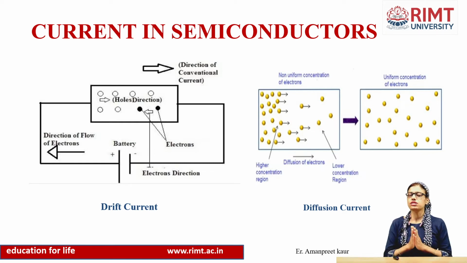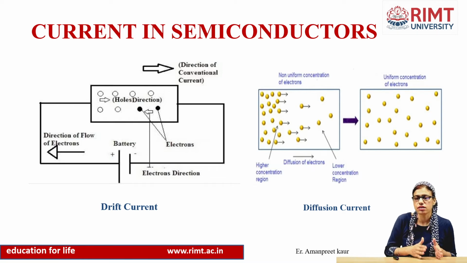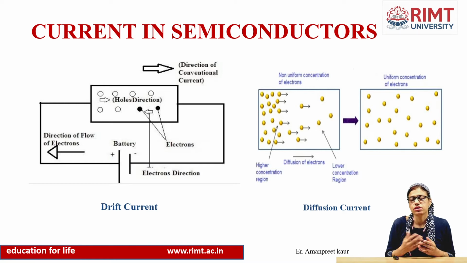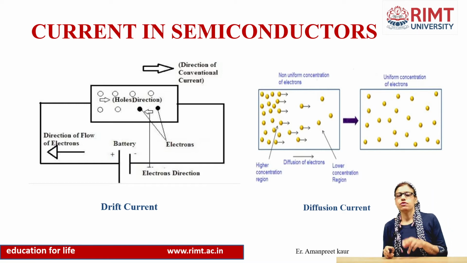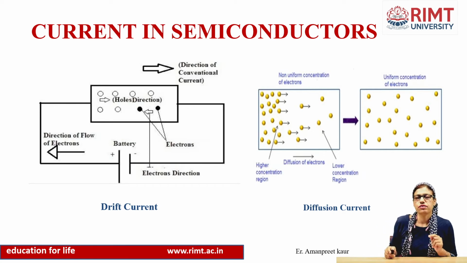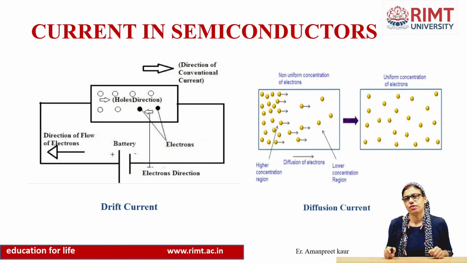Diffusion current is produced because of concentration: electrons, or charge carriers, move from the higher concentration side to the lower concentration side, and because of that movement current is produced. Diffusion current is produced without applying a battery, and drift current is produced by applying a battery.